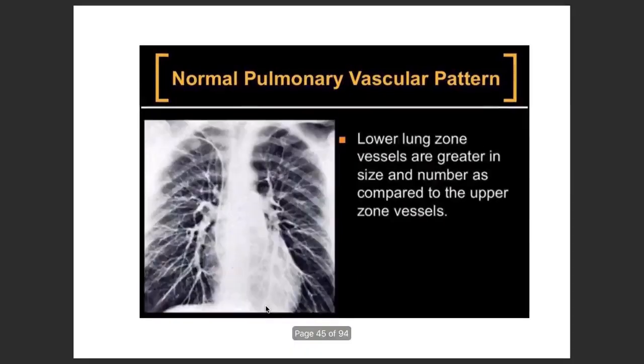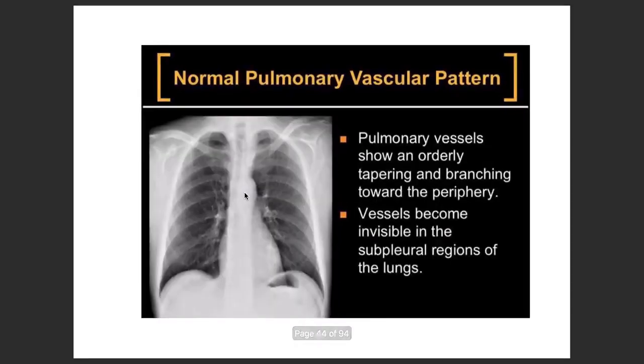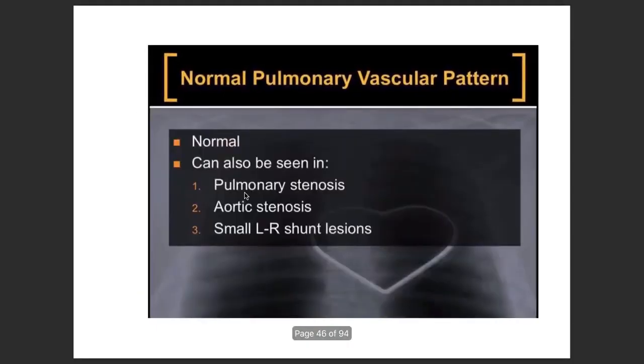The lower lung zone vessels are greater in size and number as compared to the upper zone vessels. To be able to describe what is abnormal, we should know normal first. That is very, very important.